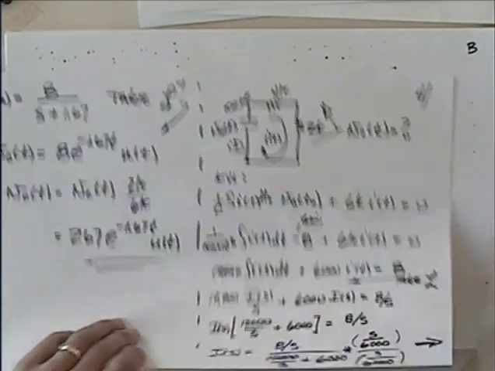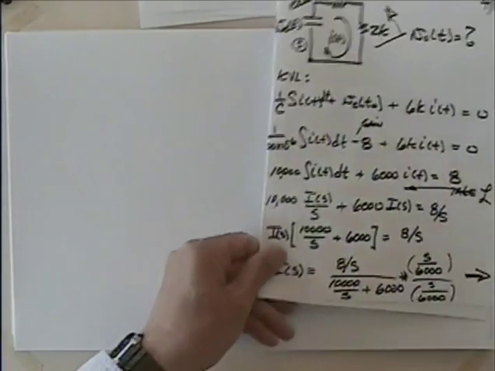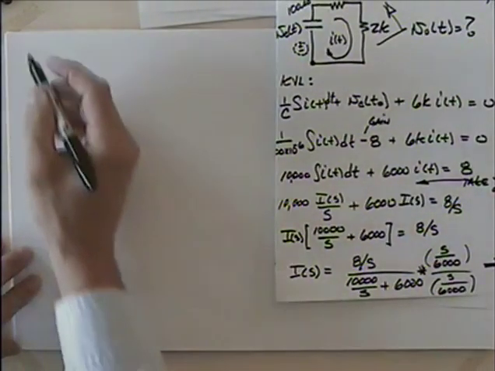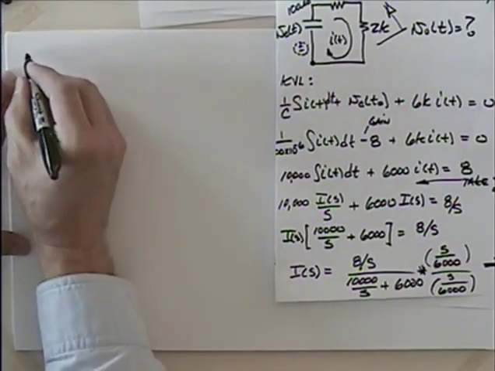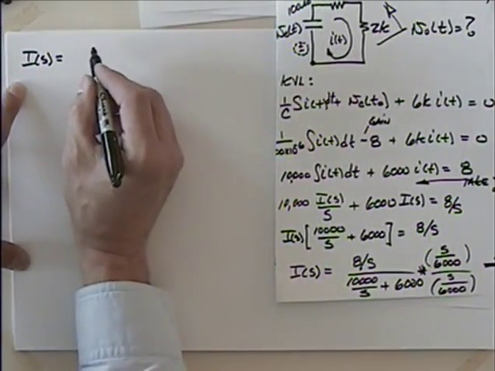So when we do that, we've got this over here, and we could say that I, still in the S domain, we're just changing the looks of this a little bit.